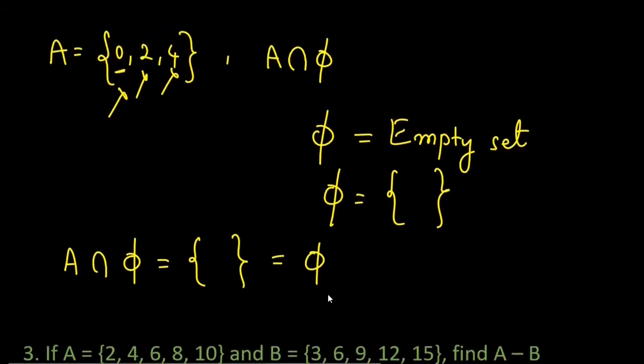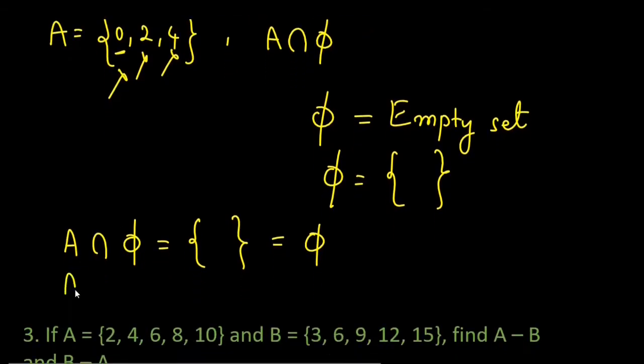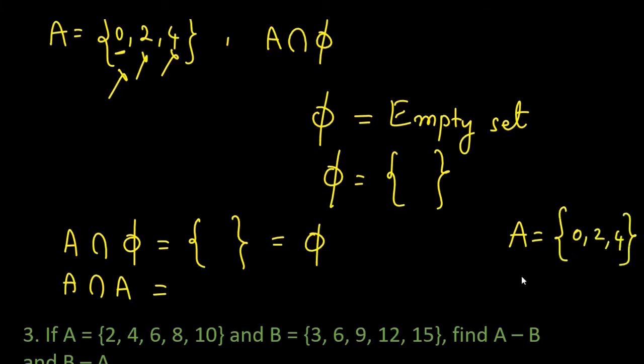Now A intersection A. Check the elements in A. Elements in A are 0, 2, 4. Now take A again: 0, 2, 4. A intersection A: check whether 0 is there in the second one. Yes. Whether 2 is there in the second one. Yes. 4 is there in the second one or not. Yes, it is there.